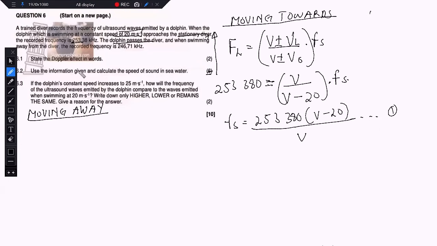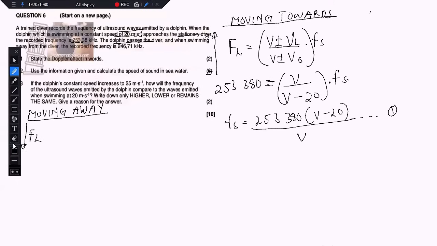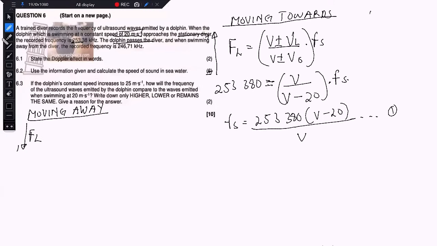In the case where the dolphin is moving away from the stationary diver, this is the frequency of the listener. Now the arrow will be facing downward, so it will be plus down here and minus up there. So this is again FL equals V plus or minus VL over V plus or minus VS times Fs.